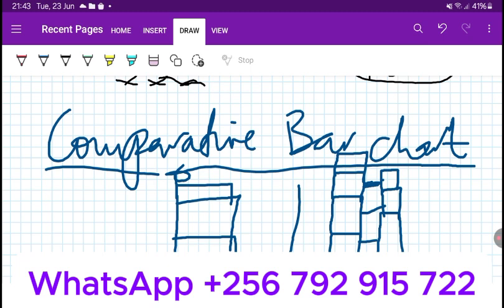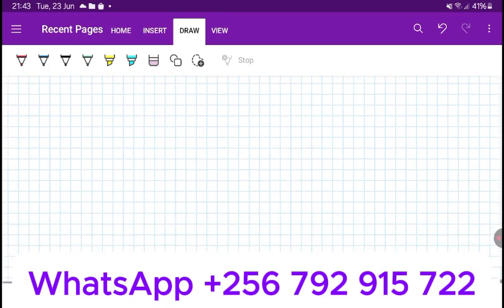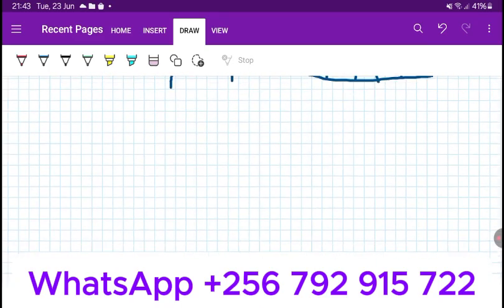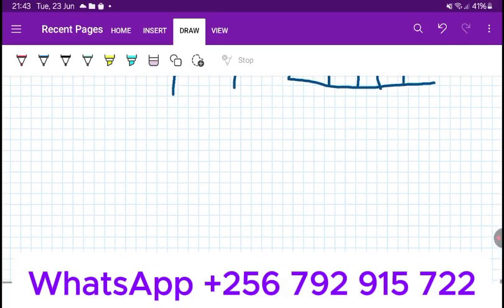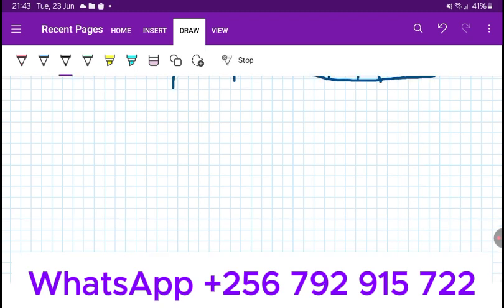I created a scenario where they have given us so many units, because with graph paper, the vertical axis always has many more centimeters than the horizontal axis. So we need to look at that information, and we say we are going to draw a comparative bar chart.